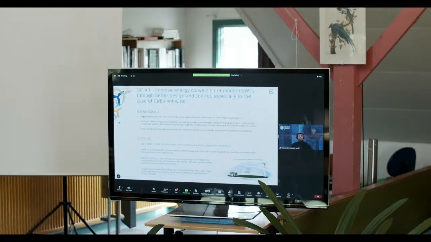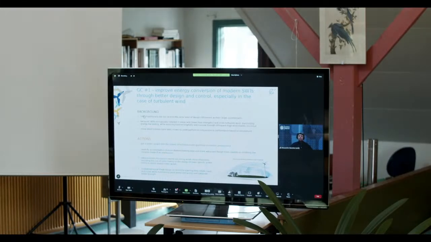So what can we do to tackle this grand challenge? For sure, we need to get a better insight into the impact of turbulence and gustiness on turbine performance. We need better design and analysis tools that are able to account for this very complex blade flow interaction.